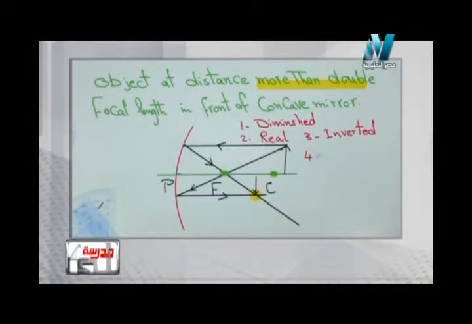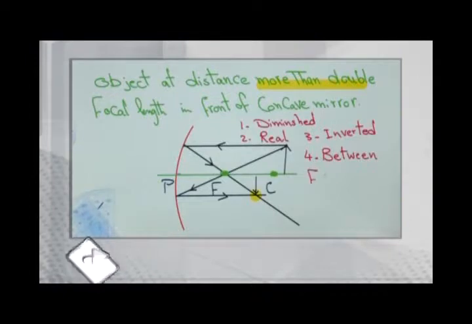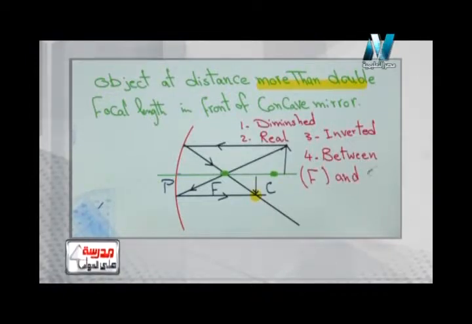Number four, between F, focus, and C, which is the center of curvature. So if we remember rule number one, rule number two, and rule number three, we can answer any question.